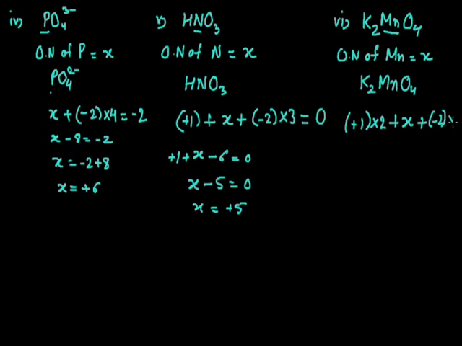Here 4 atoms are present, so we multiply it by 4, and it will be equal to 0, because it is a neutral molecule. Now +1 into 2 is equal to 2, plus X, minus 2 into 4 is equal to -8, is equal to 0, or we can write X minus 6 is equal to 0, or X equal to +6. So we can say that in K2MnO4, or potassium manganate, the oxidation number of manganese is equal to +6.